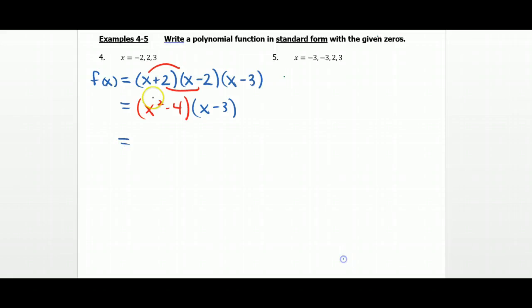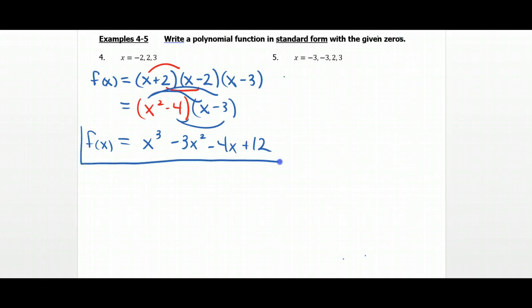So this would give me x cubed minus 3x squared minus 4x plus 12. Okay, so this would be the polynomial function in standard form that has those 3 zeros, -2, +2, and +3.